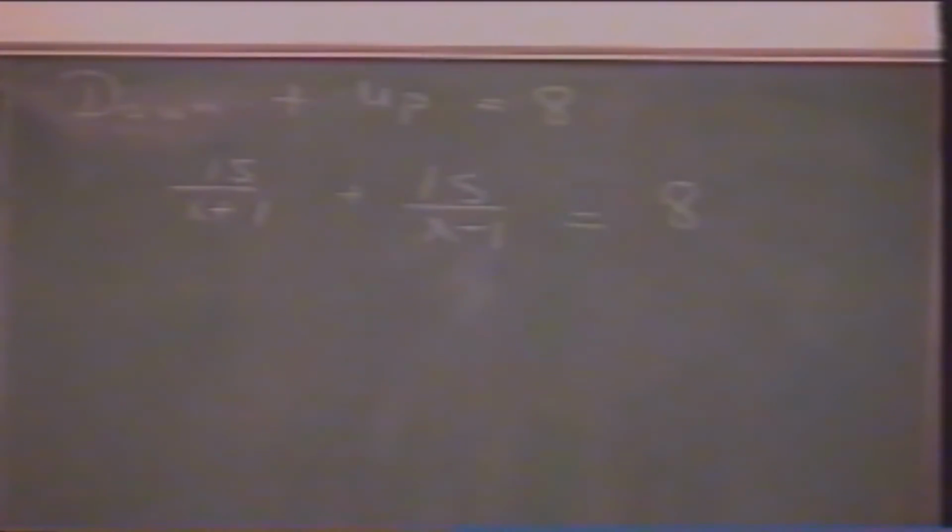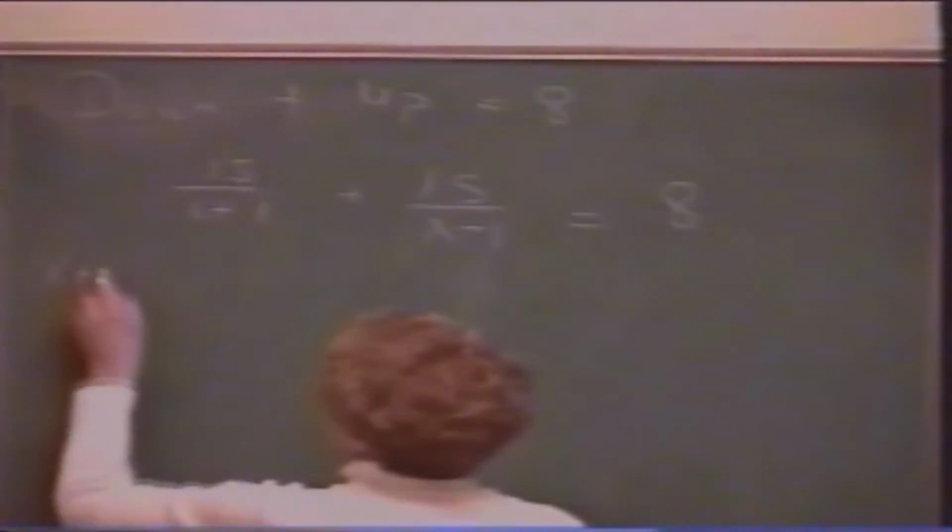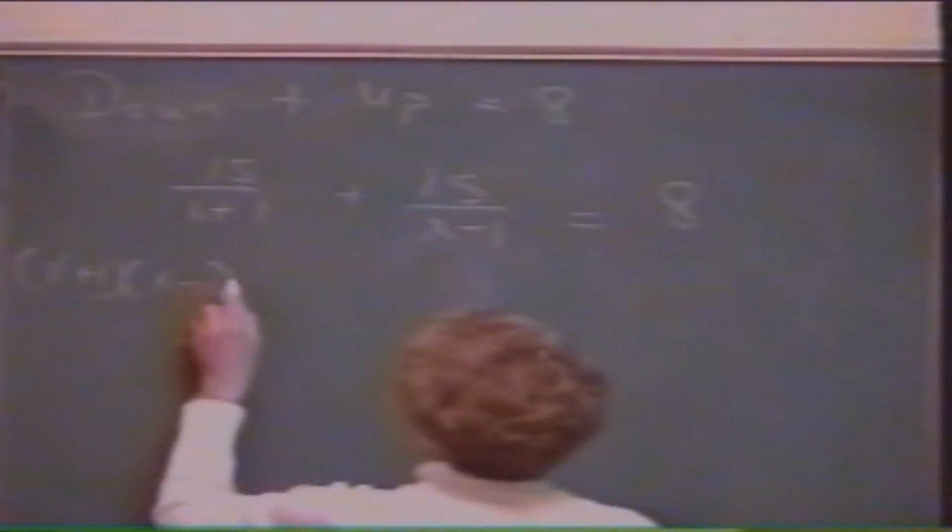So what do we have to multiply by this time? X plus 1 and x minus 1. You're going to get good at these fraction equations by the time you finish doing these distance applications. X plus 1 times x minus 1 by everything.